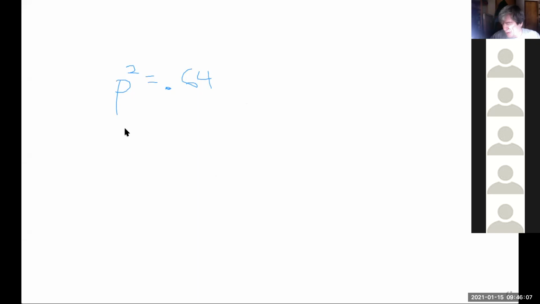Well, this is the same equation mathematically. The numbers and variables are different, but we're going to solve it the same way. If we take the square root of both sides, the square root of p squared and the square root of 0.64, what do we get? P equals 0.8.